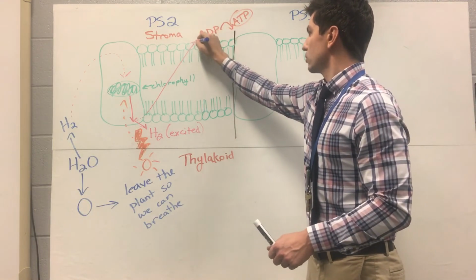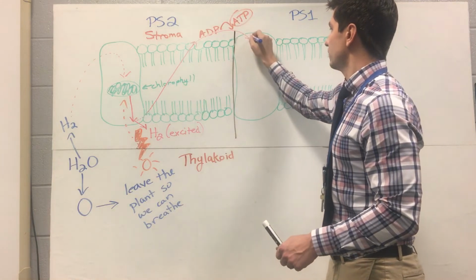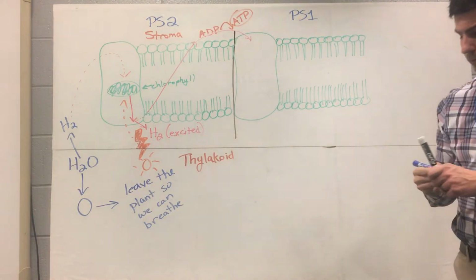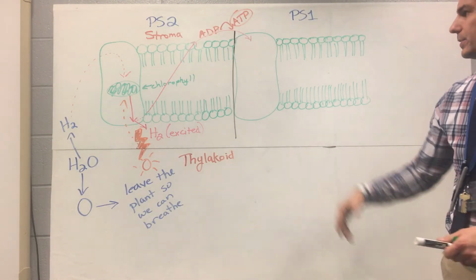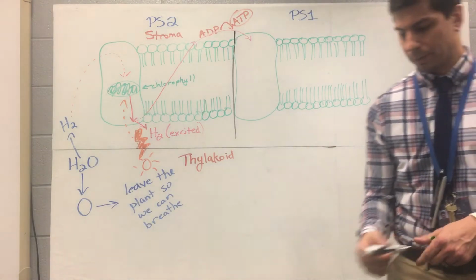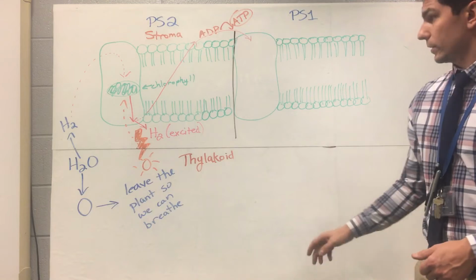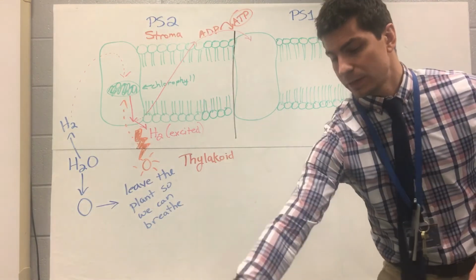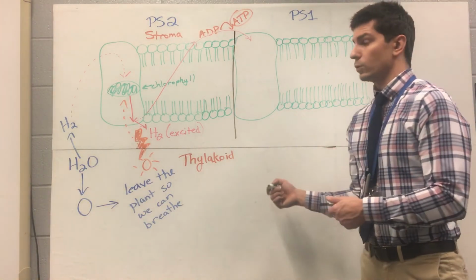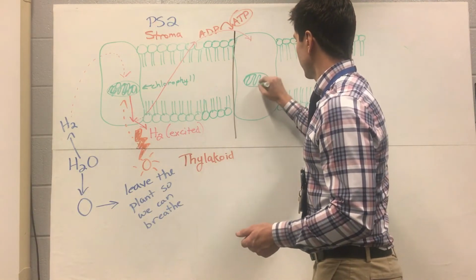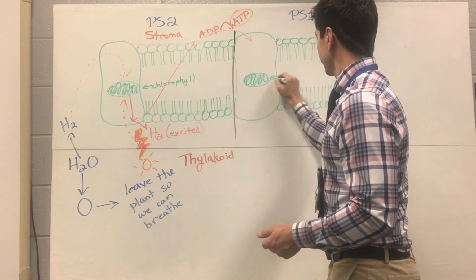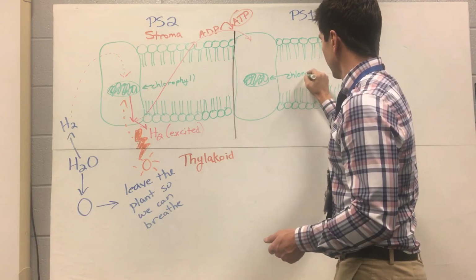These electrons are going to travel their way over to photosystem 1. They don't have really far to travel, guys. It's not like they're traveling miles. It's right next to it. It's just a different part of the membrane. All right. So once again, it's going to repeat the whole process of photosystem 2 with one exception. We're going to take our chlorophyll once again. So there's your chlorophyll.